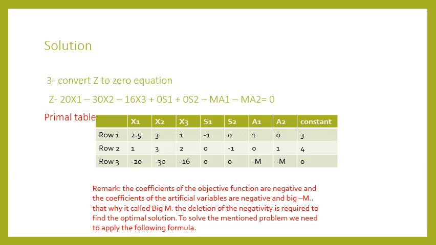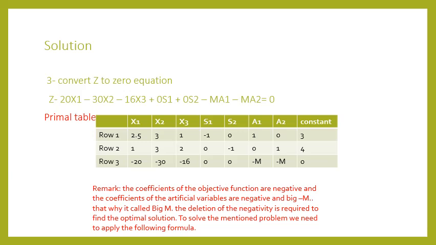Remark: the coefficients of the objective function are negative, and the coefficients of the artificial variables are negative and big. That's why it is called big M. The deletion of the negativity is required to find the optimal solution. To solve the mentioned problem, we need to apply the following formula.